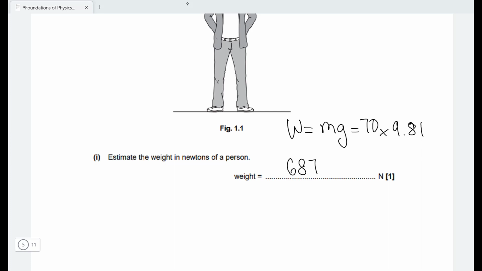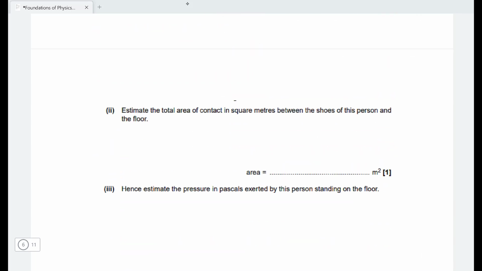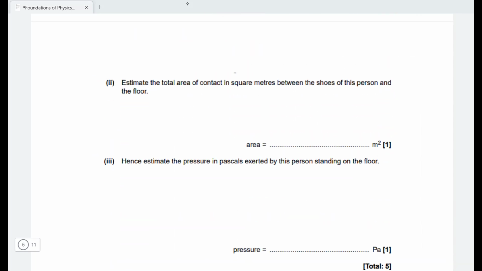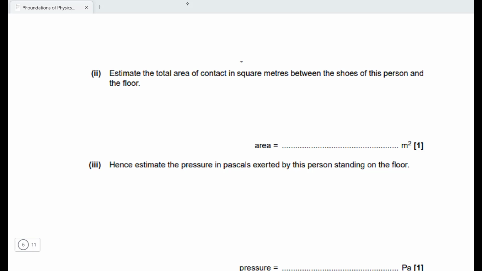Now, normally there's quite a range within the mark scheme, so if you've chosen 50, for instance, that's fine. It will just give you a smaller value, but as long as you're within that range, you are totally fine.